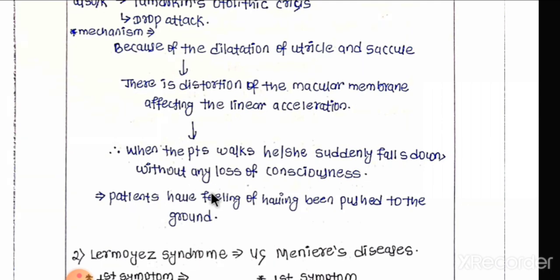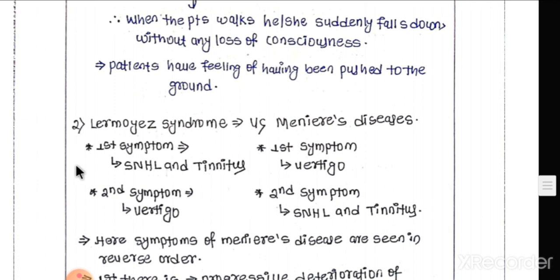Another variant is Lermoyez syndrome. Lermoyez syndrome is the reverse of Meniere's disease. The symptom which occurs first in Meniere's disease is vertigo, but the symptoms which occur first in Lermoyez syndrome are sensorineural hearing loss and tinnitus, and the second symptom is vertigo.